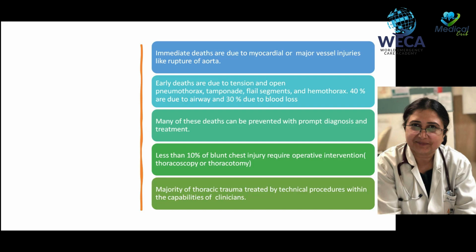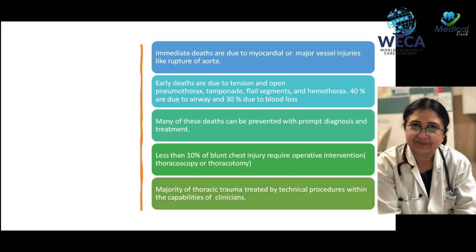Immediate deaths are due to myocardial injury or major vessel injuries like rupture of the aorta. Early deaths are due to tension pneumothorax, tamponade, flail segments, and hemothorax. 40% are due to airway problems and 30% due to blood loss.